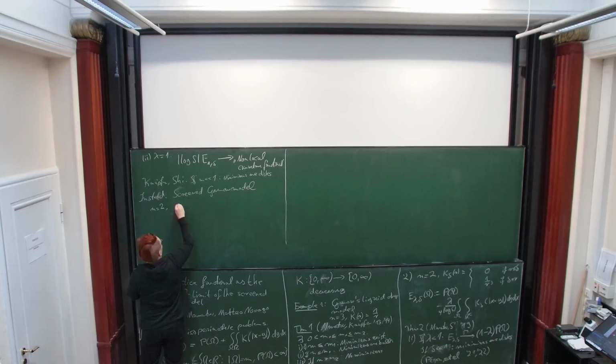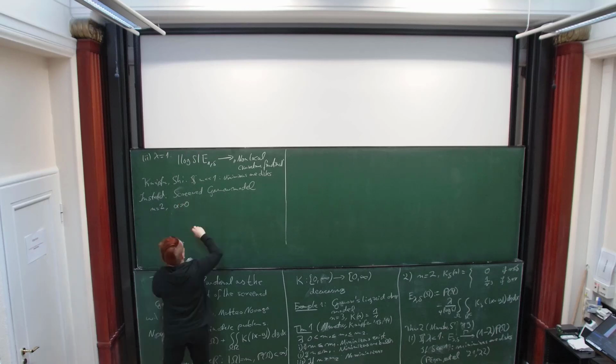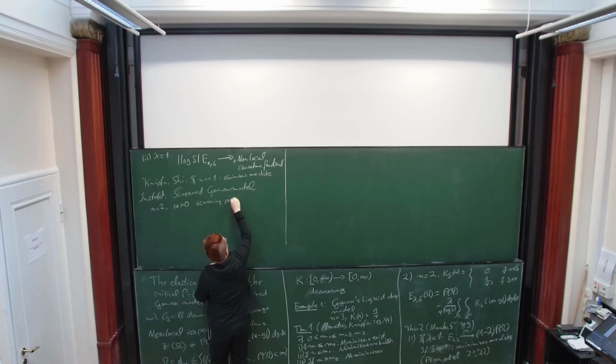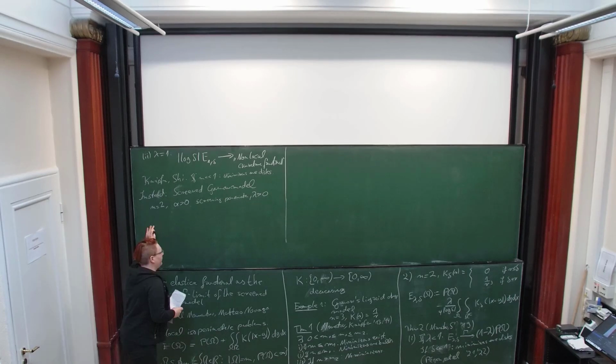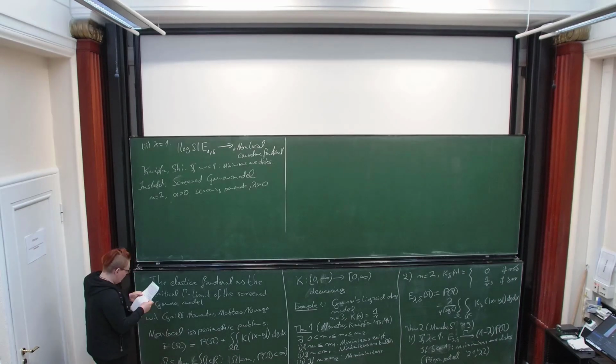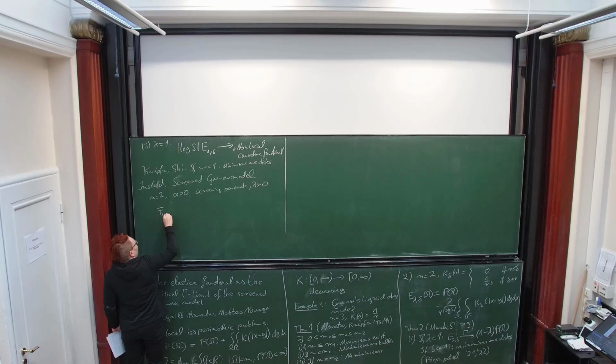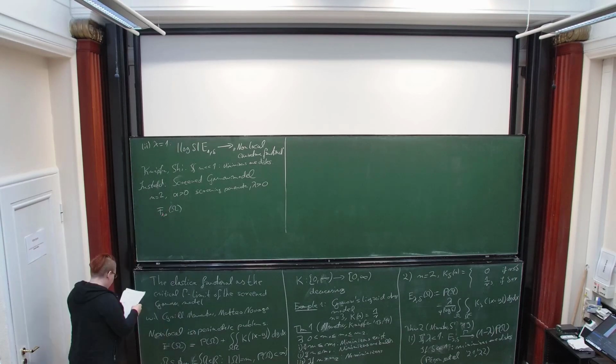And the functional again depends on a bunch of parameters. Alpha is going to be a screening parameter. And I take a lambda bigger than 0. That's going to correspond to the mass in a second. And the functional we look at is F lambda alpha, depending on omega.